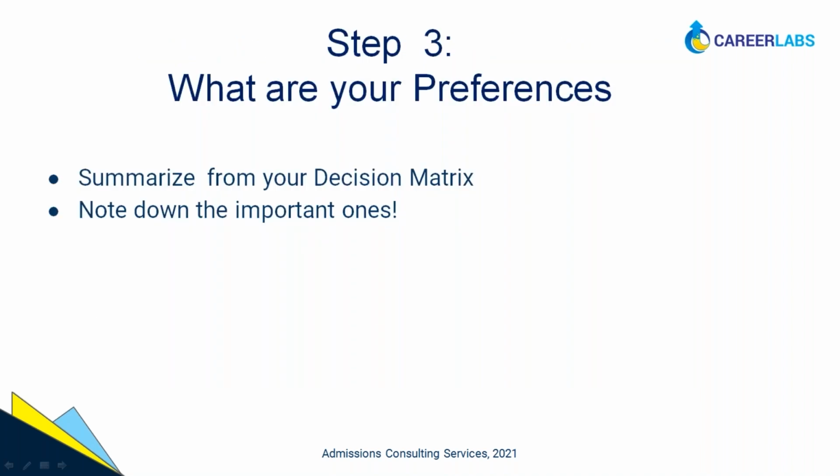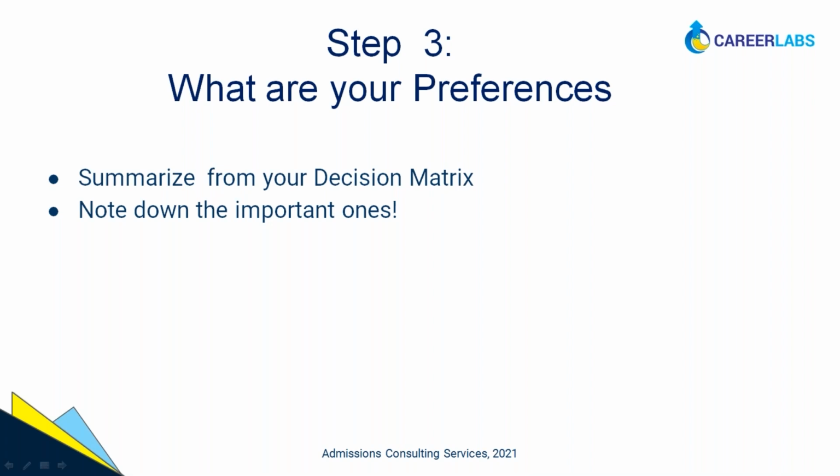Okay, and then of course there are the preferences that you have. That's why I asked you, what is the intake? See, if you're going for spring of 2022, your program may not even be available in spring, because many programs are not available in spring, right? Fall is the big one.